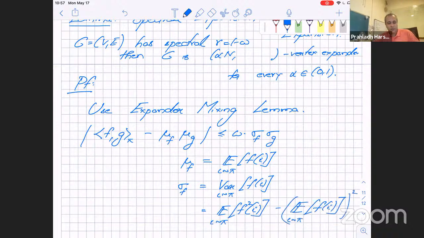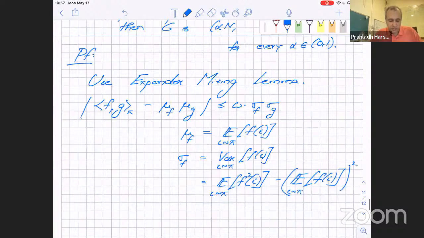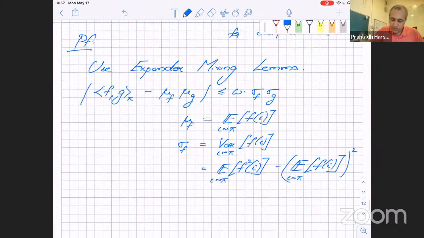We proved the expander mixing lemma first. We'll use it, and in fact we'll see several nice applications of the expander mixing lemma in the next one.